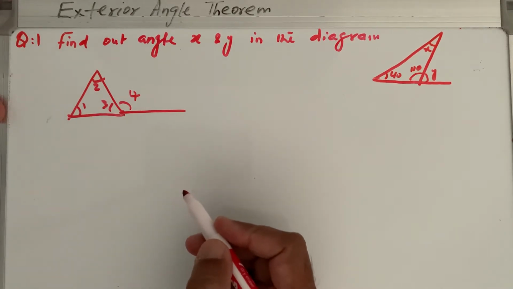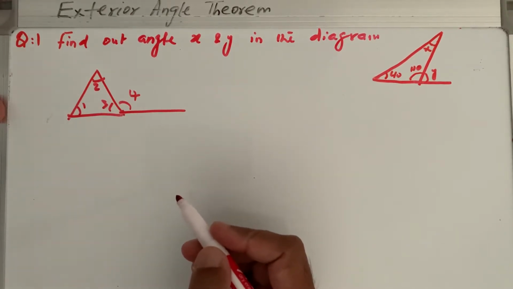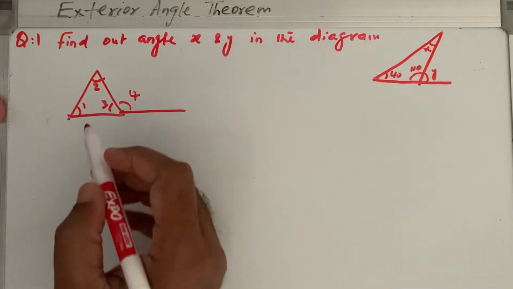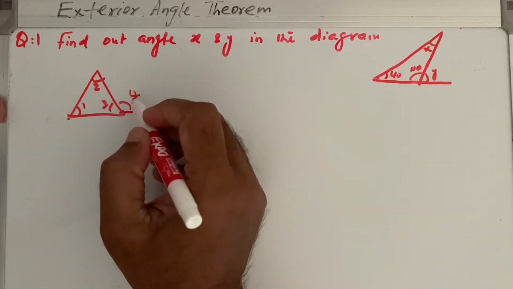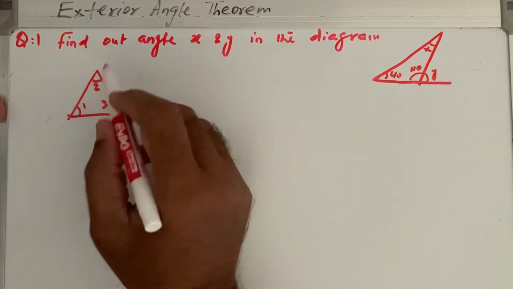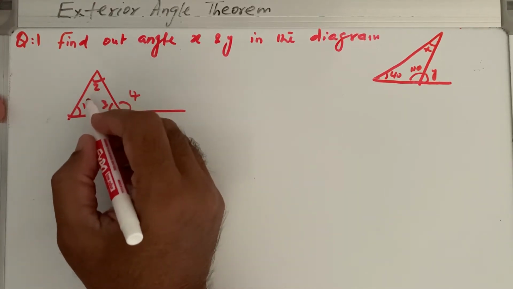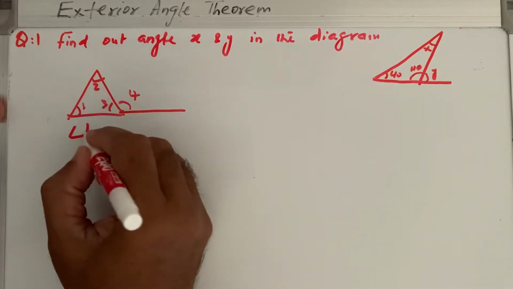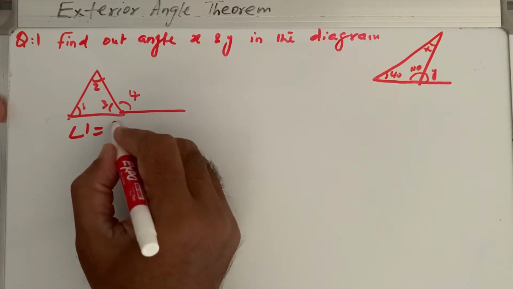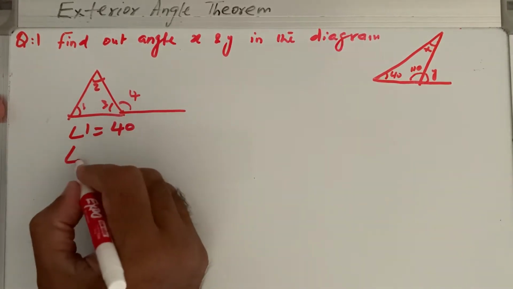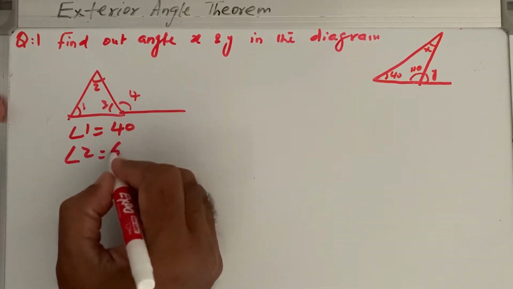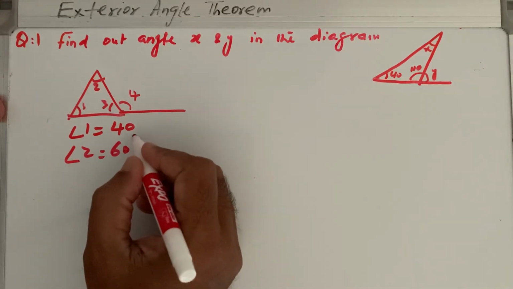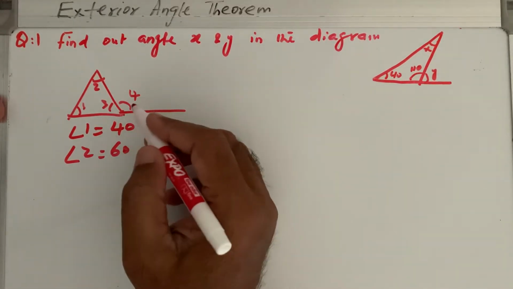An exterior angle of a triangle is equal to the sum of the opposite interior angles. Let's give some values to these angles: angle 1 is equal to 40 degrees, angle 2 is equal to 60 degrees.